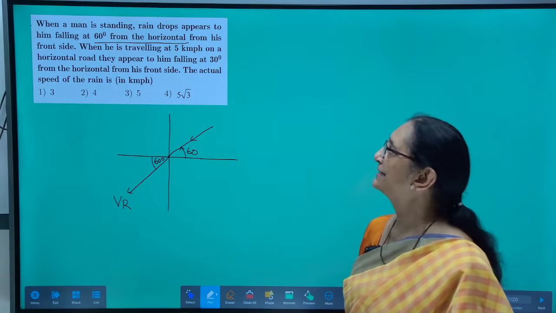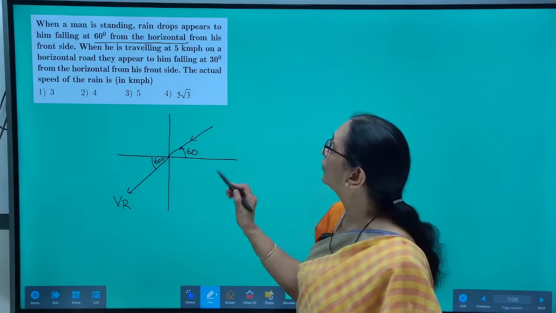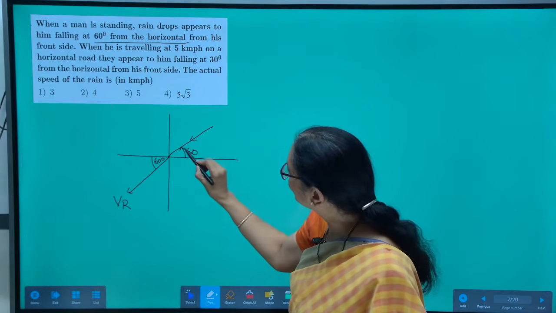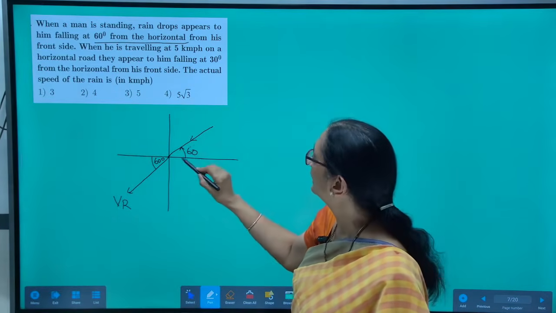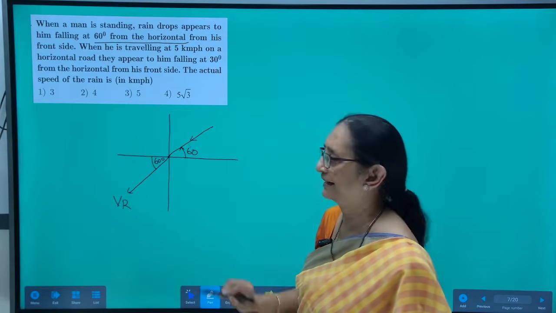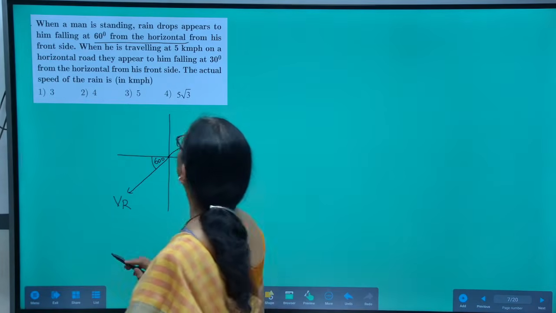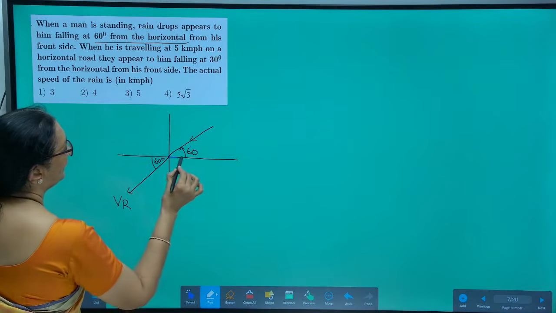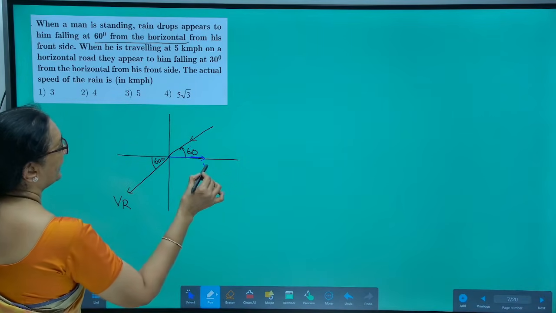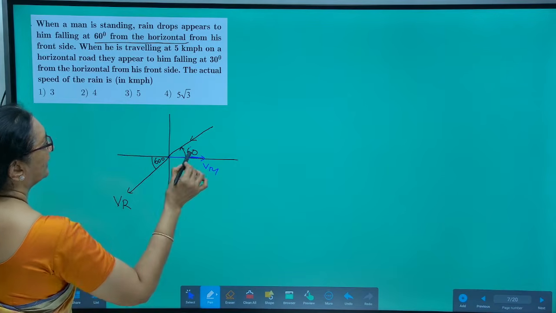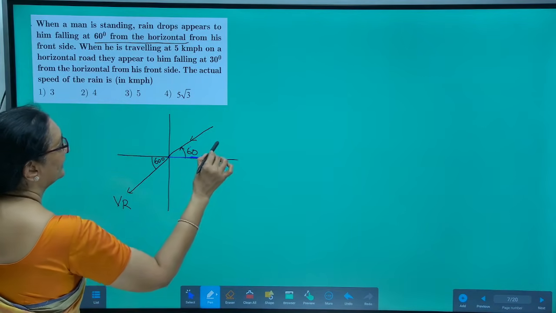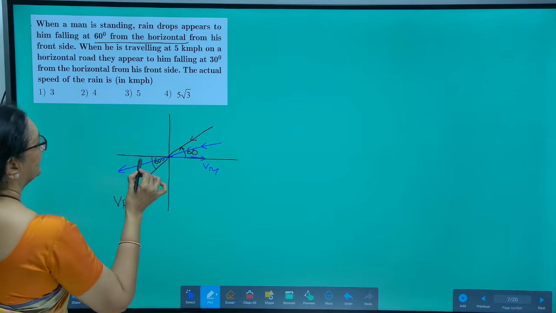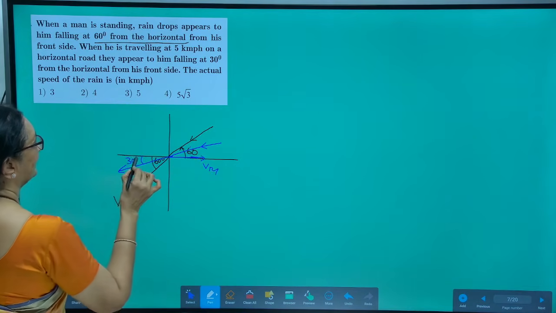When he is travelling at 5 kmph, then rain appears to fall at 30 degrees, like this. This is given as 30 degrees.